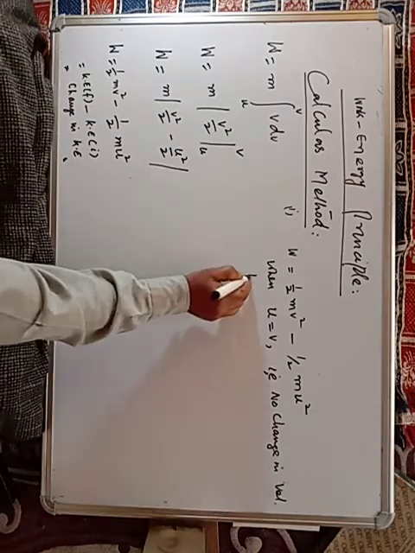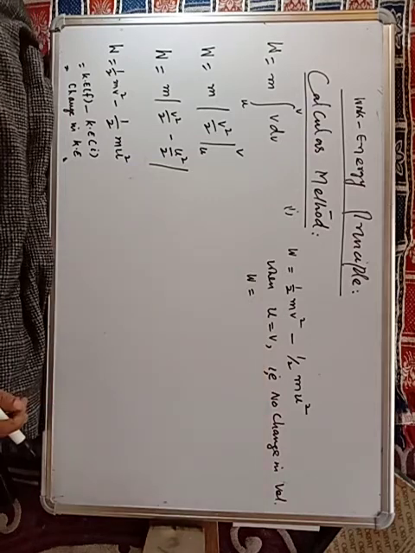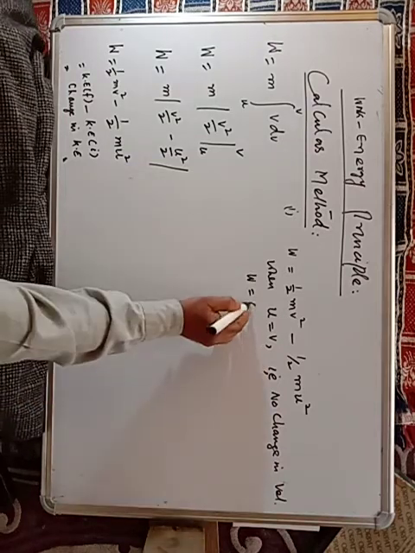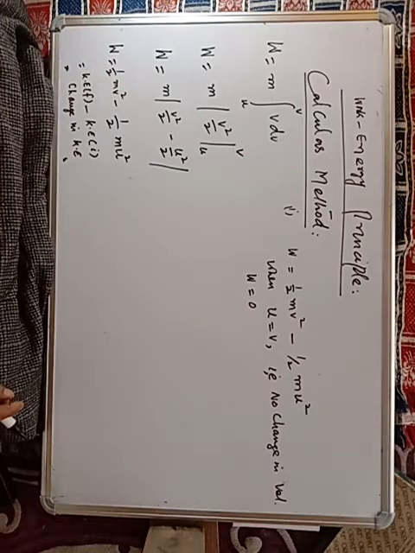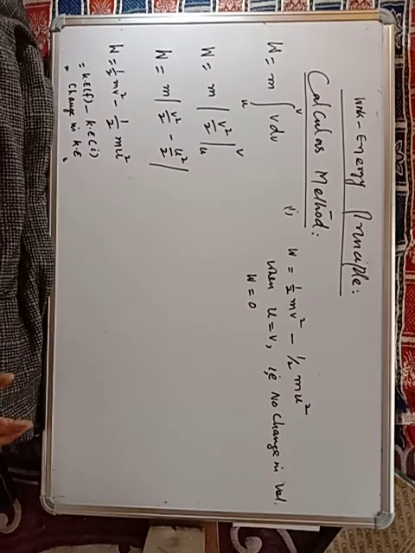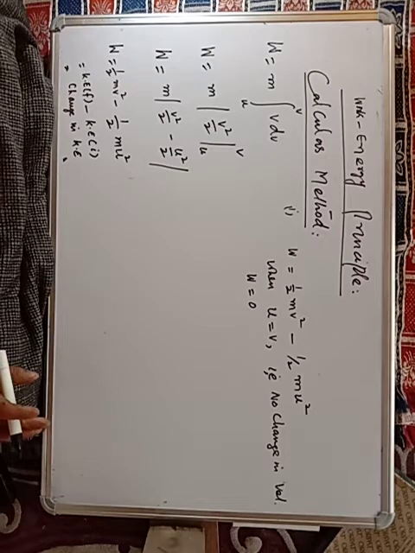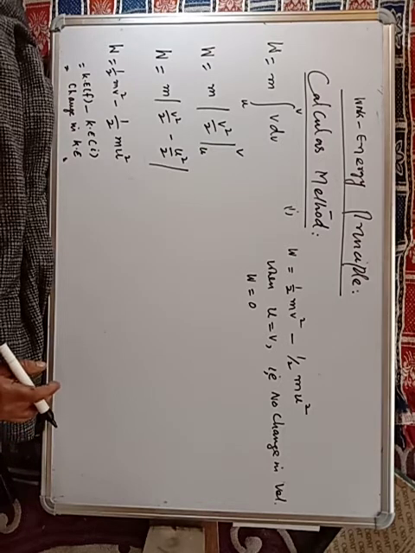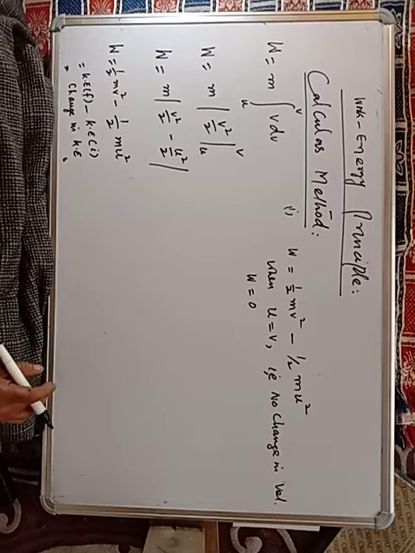So we can write here W is equal to 0. So when a body moves with uniform velocity, then the change in the kinetic energy is equal to 0. Work done is equal to 0.